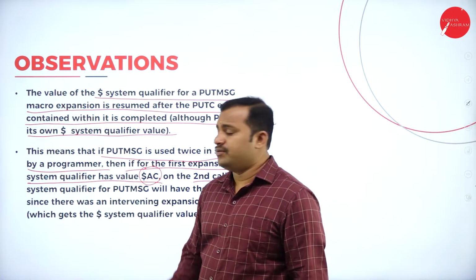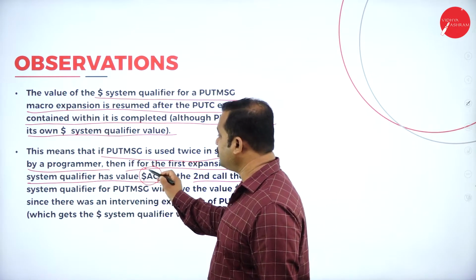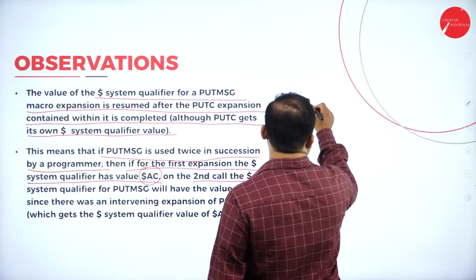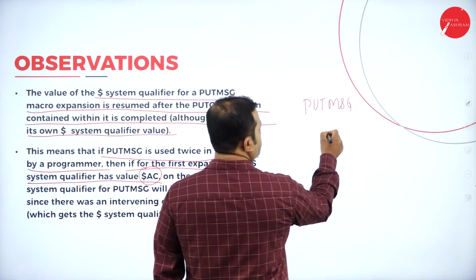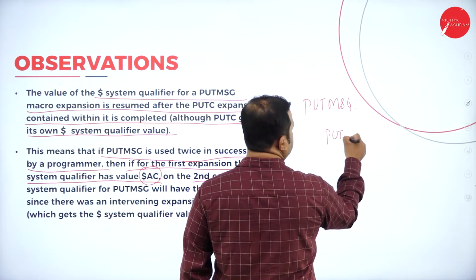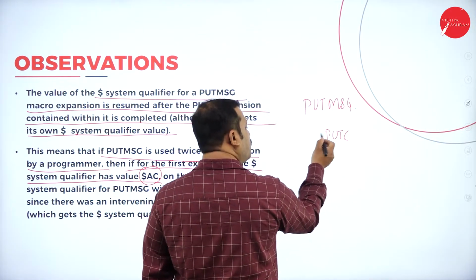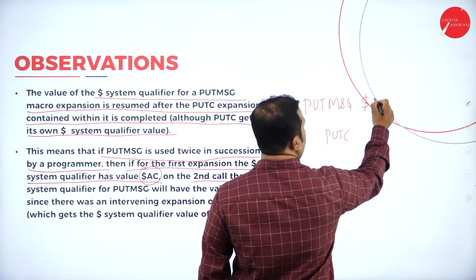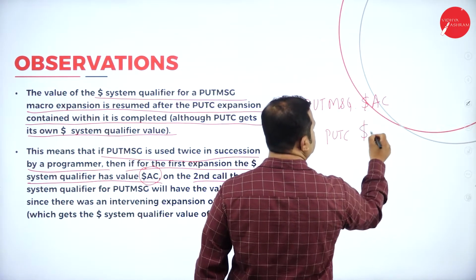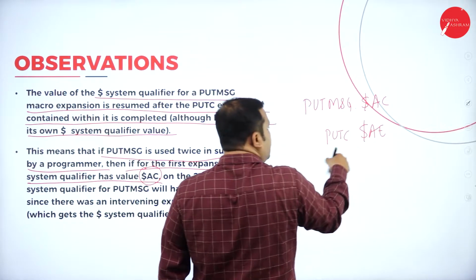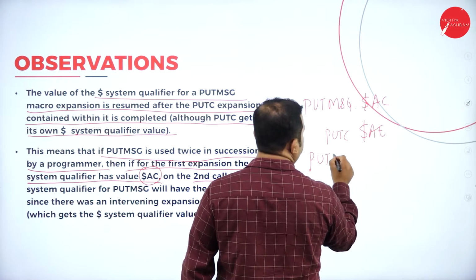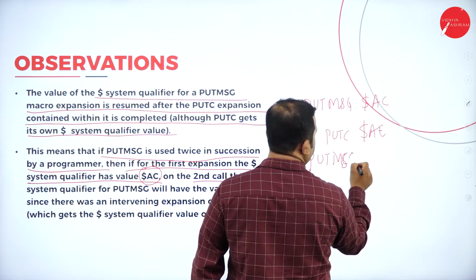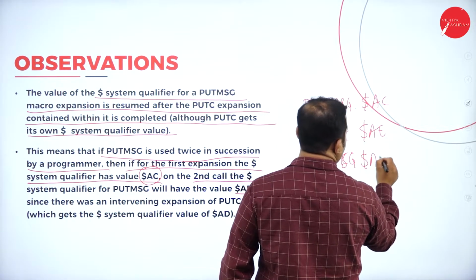because we have the function call within a function call, put message. I have the PUTC function here. So once it is unfolded, this becomes $AC, this becomes $AE. Again, if it is invoked, PUTC message becomes $AE.